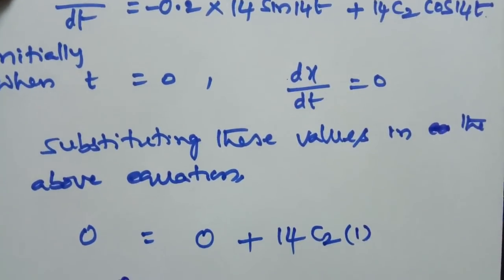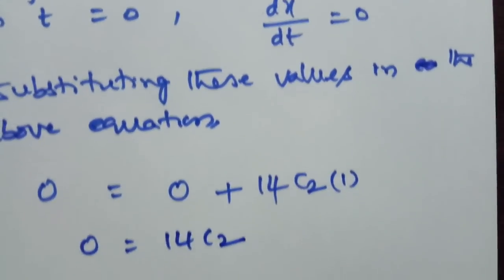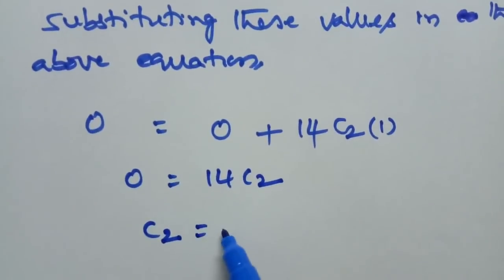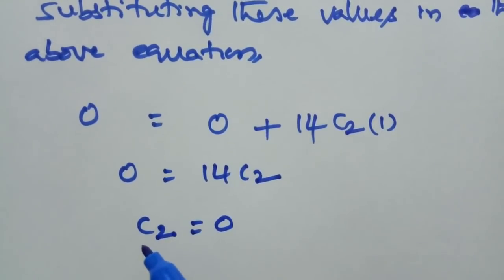Therefore 0 is equal to 14 c2. Therefore c2 is equal to 0.